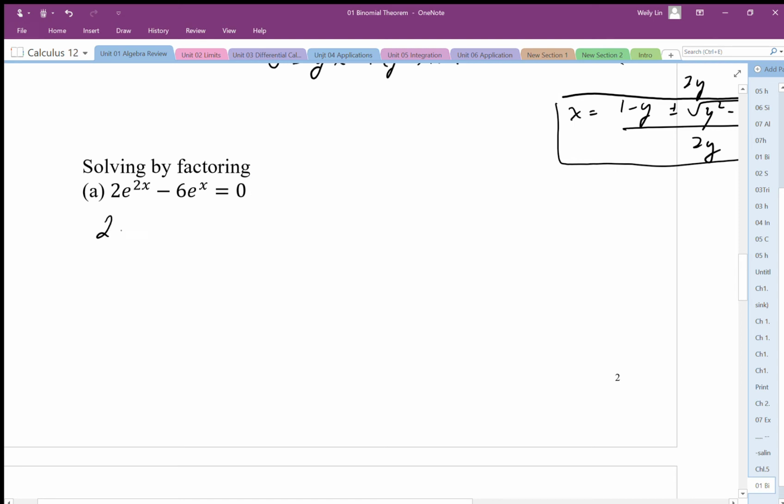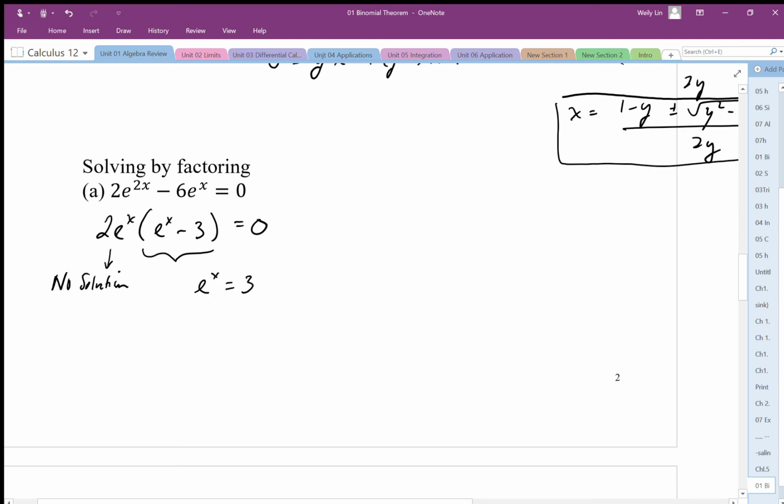So if I factor this, I end up with e to the x minus 3. Okay, so these are now factors. This has no solution because e to the x is never equal to 0. This one does have a solution because I can say e to the x equals 3.